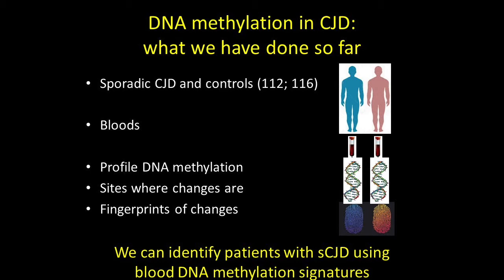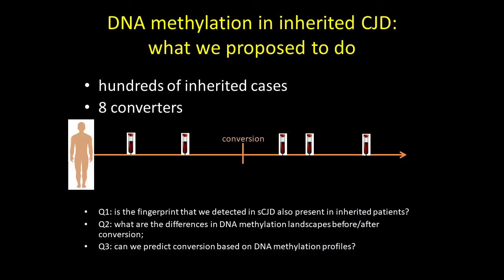We want to take this one step further. The first question is, how does this fingerprint compare in other types of CJD, in particular inherited prion diseases? We have in London collated a lot of samples from what we call converters.